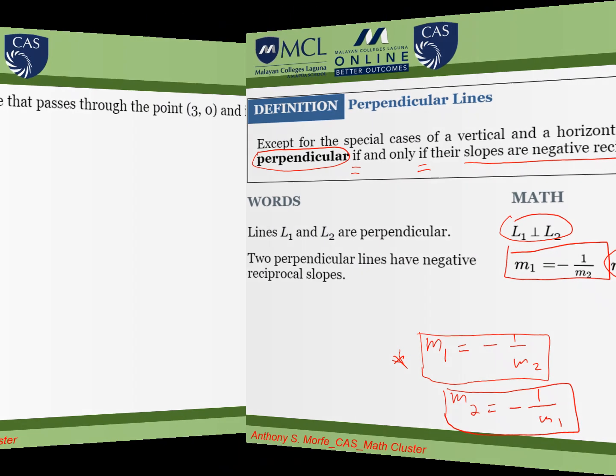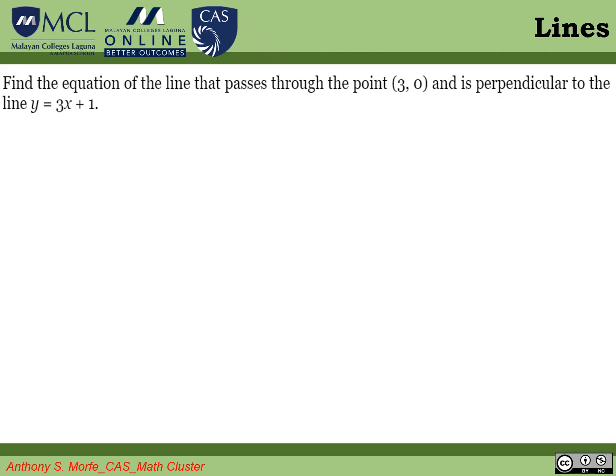Alright, so let's use this concept to solve this problem. We're given a problem that says find the equation. So again, as mentioned, you do it this way. Find the equation of the line that passes through a point.